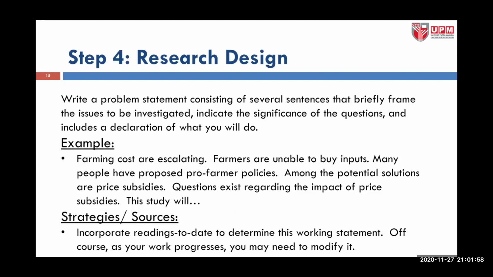So maybe the problem statement needs to be revisited and retuned to suit the overall picture. Of course, if it is totally wrong, then everything will collapse. If it is still in the subject matter, or related to the subject under study, the problem, the achievement, and the methodology, the scope, it will still be accepted. Maybe there are minor corrections. If it is totally wrong, you will have trouble redoing your thesis. Okay, I hope not.